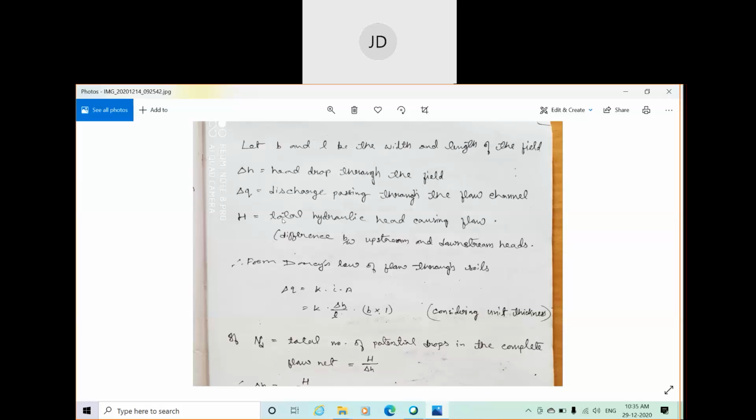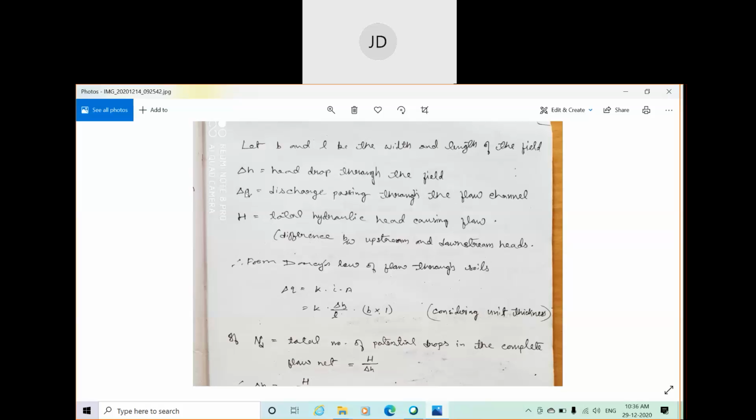That particular total head is capital H, which is equally divided between the equipotential lines as delta H. So the summation of delta H will give you total H. Capital H is the total hydraulic head which causes the flow of water between upstream and downstream.